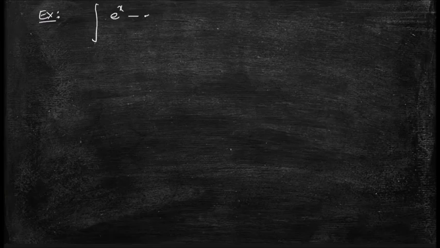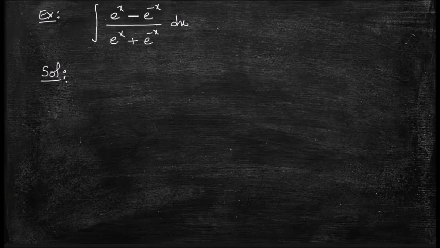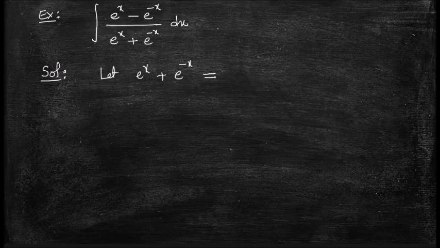One more example. Integration of (e power x minus e power minus x) by (e power x plus e power minus x) dx. Solution. Let e power x plus e power minus x is equal to t.